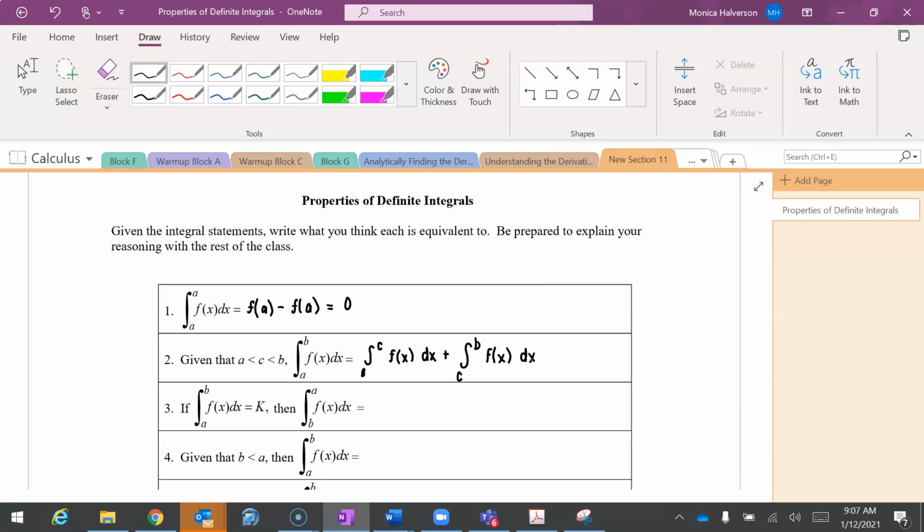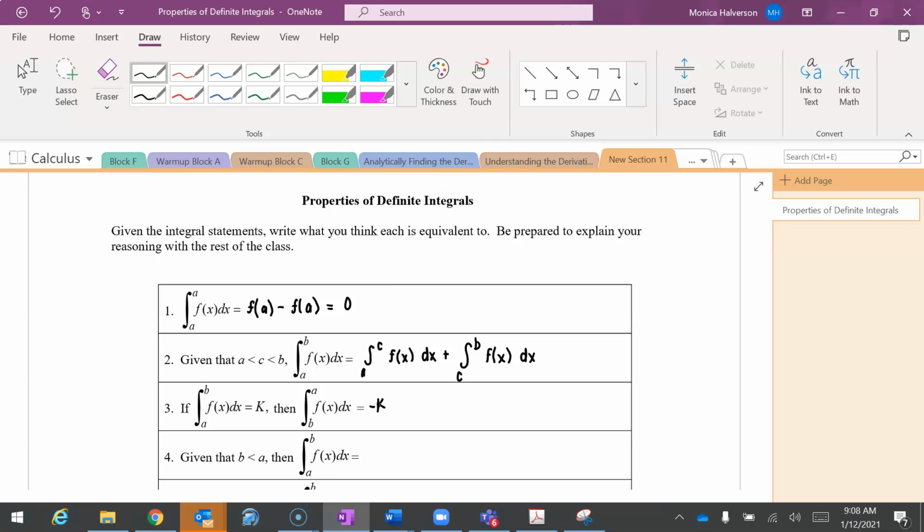The third property states that if the definite integral from a to b of f of x dx equals k, then when the upper and lower limit switch, the value of the integral switches in sign as well and becomes negative k. Now, what you should have been noticing in all of the problems that we've done is that b would be the upper limit and a would be the lower limit, which means that b would be the larger value.